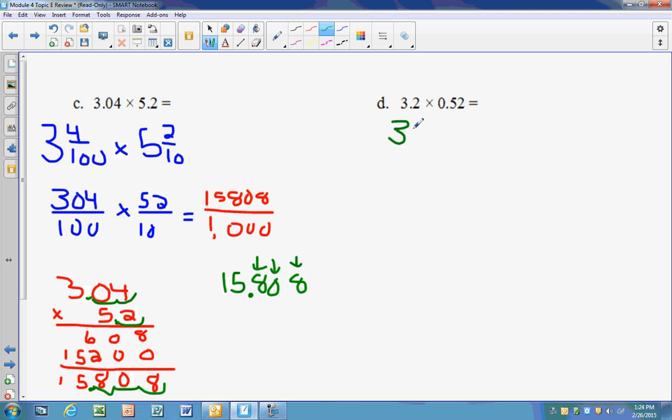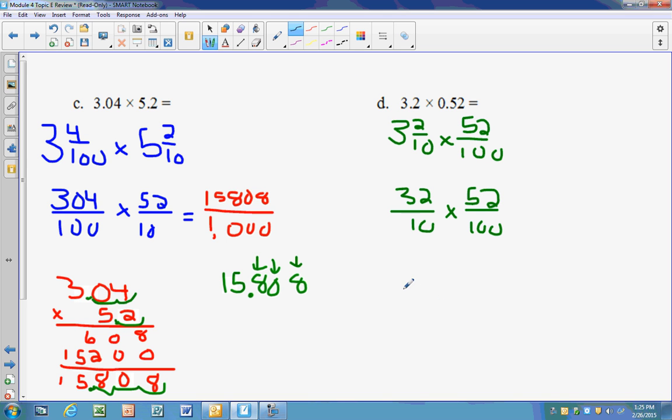Now we have 3 2/10 over here, times 52 hundredths. We have to convert it to an improper fraction, which gives us 32 tenths times 52 hundredths. And just like before, we're going to do the math over here to help us. So we have the 32 times 52.